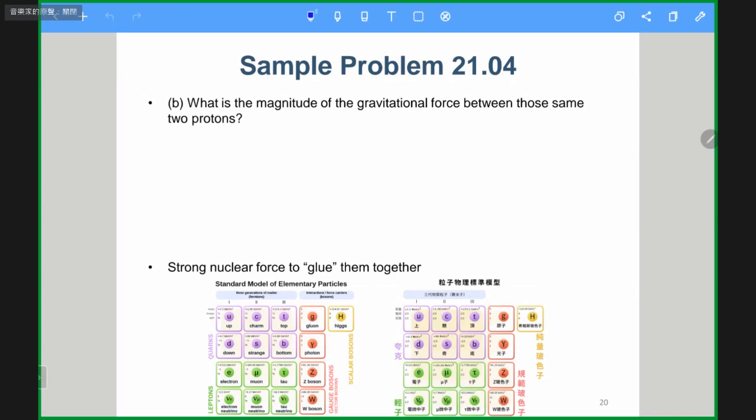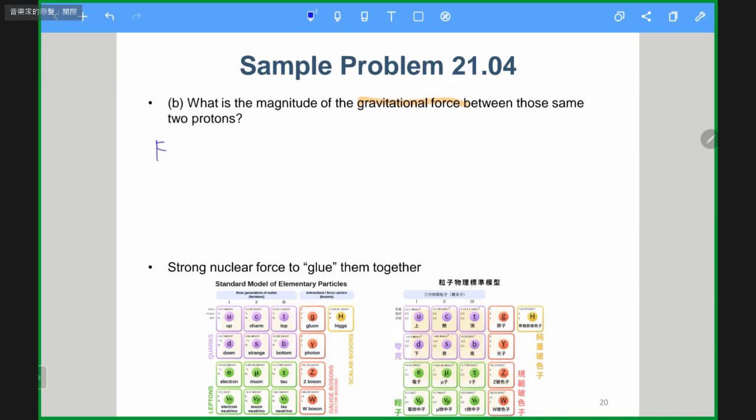So let's try to find whether any other force is attracting them. Actually, as we have learned, there should be something called gravitational force in mechanics. I suppose you are familiar with it.